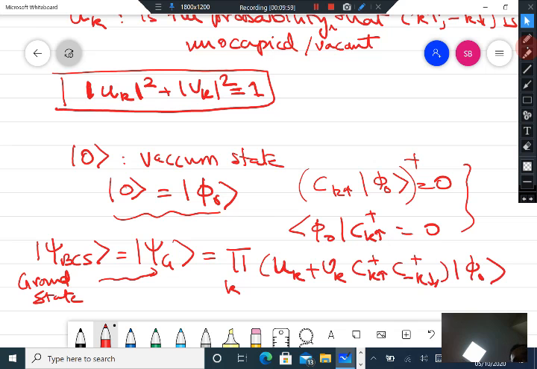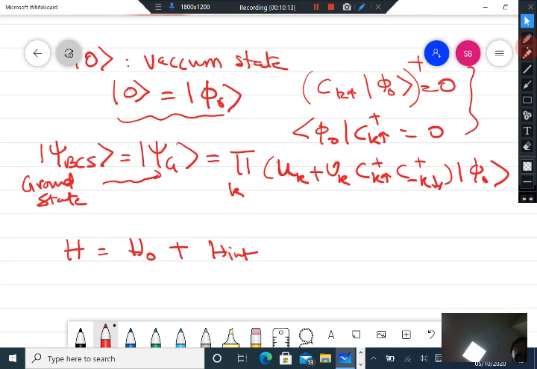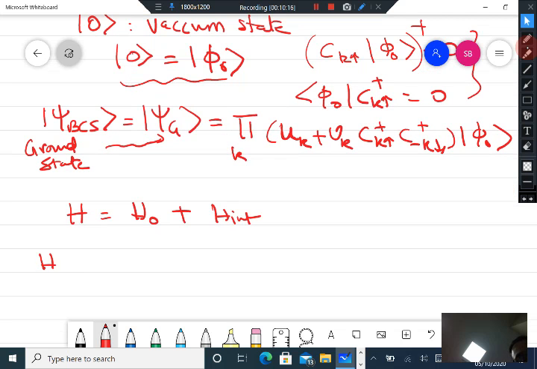Now using this, let us try to find out the expectation value. The Hamiltonian has two parts, H0 plus H interaction. The expectation value of H0 is this term, which is twice the sum over k of Ek ck dagger ck.